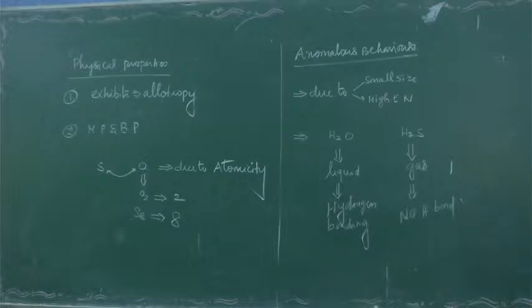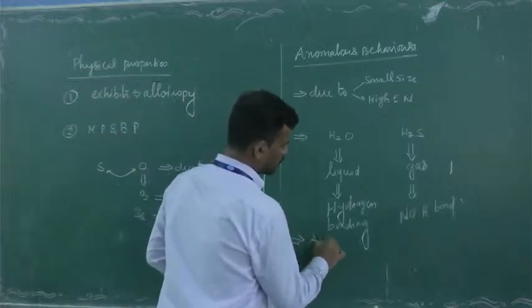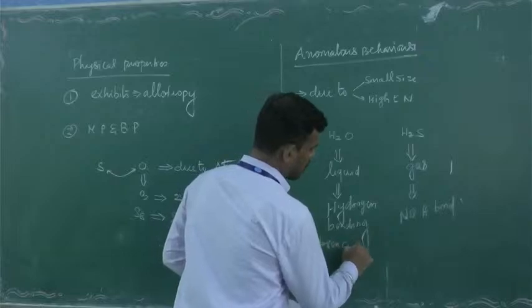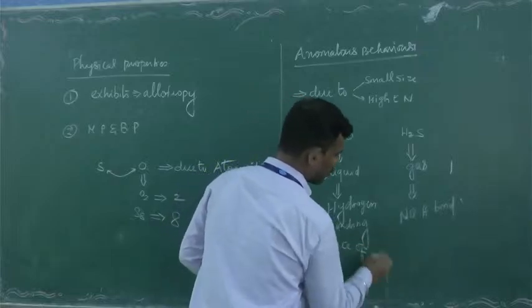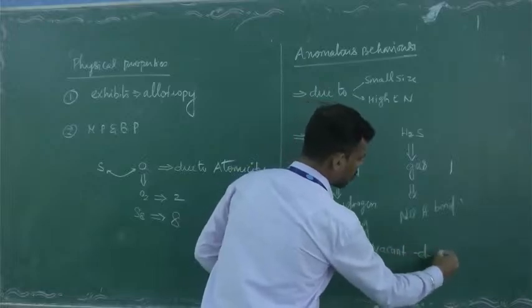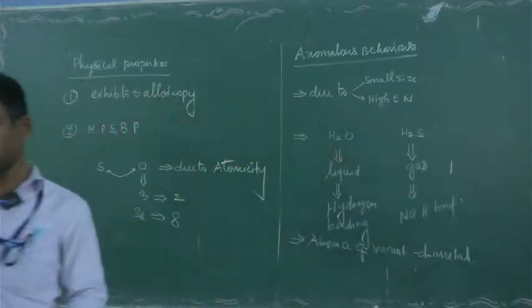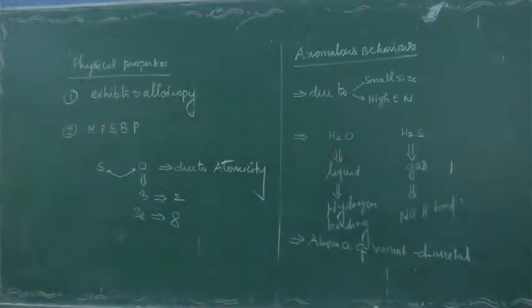Second anomalous property: absence of vacant d orbital. It limits its covalency to 4.